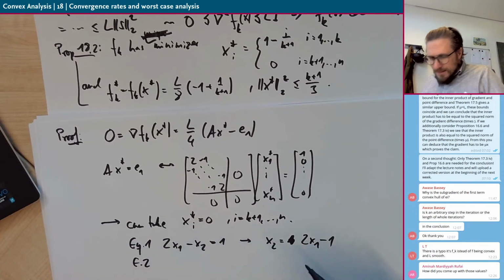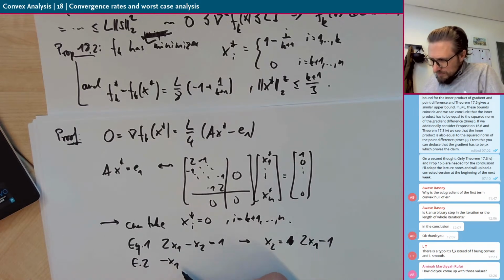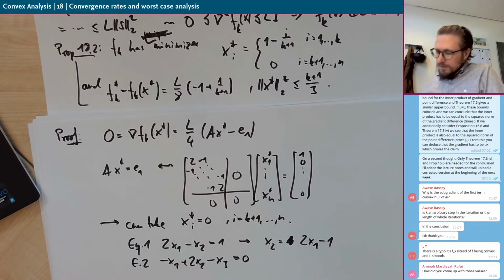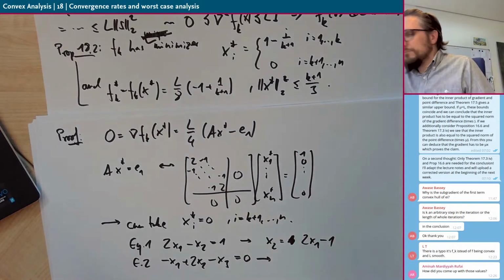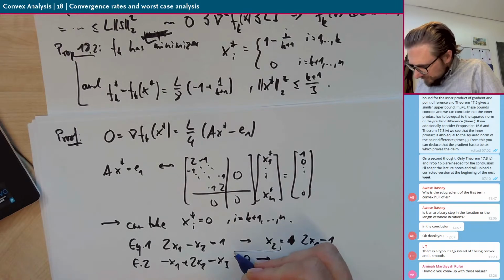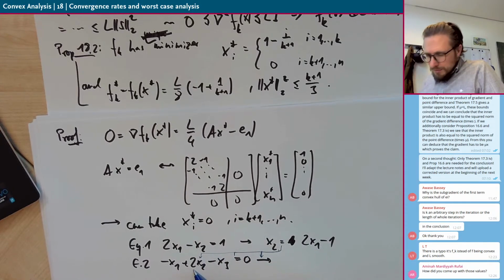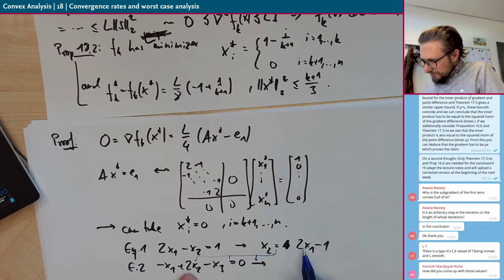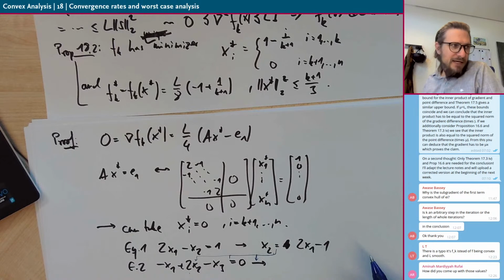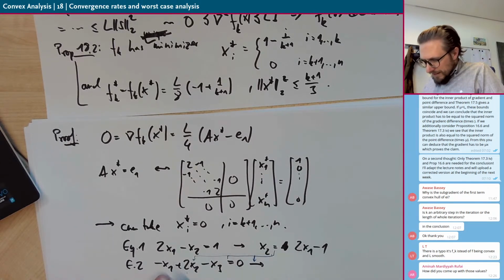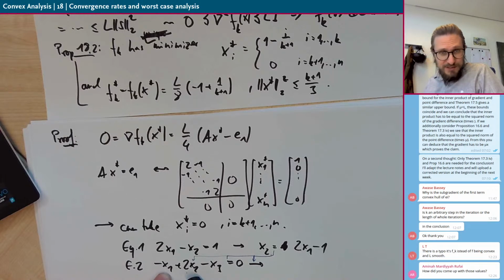Equation number 2 would be minus x1 plus 2x2 minus x3 equals 0. So if we plug in the formula for x2 here, we get minus x1 plus 4x1 minus 2 minus x3 equals 0. Solving that, minus x1 plus 4x1 gives us 3x1.